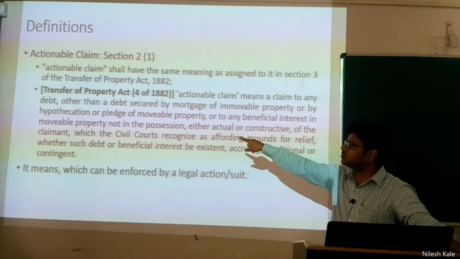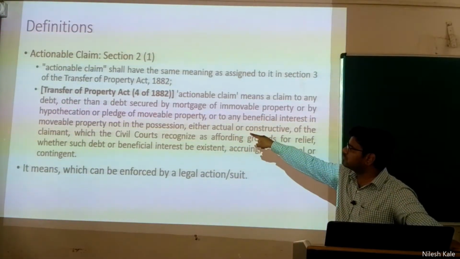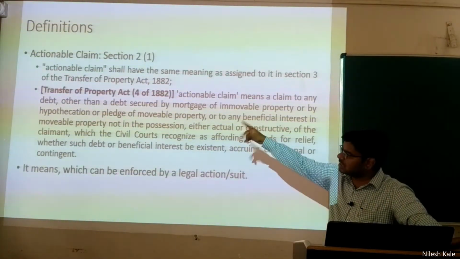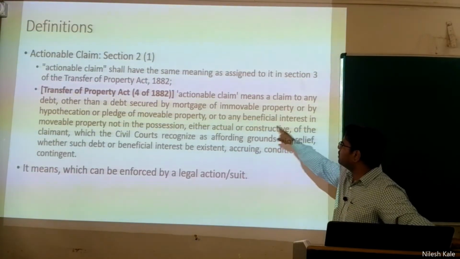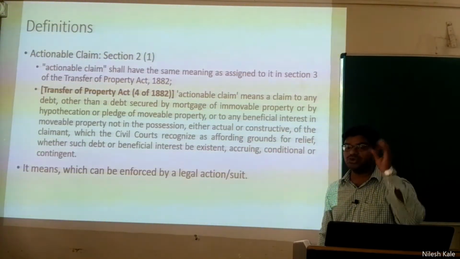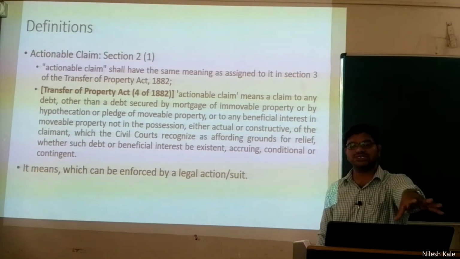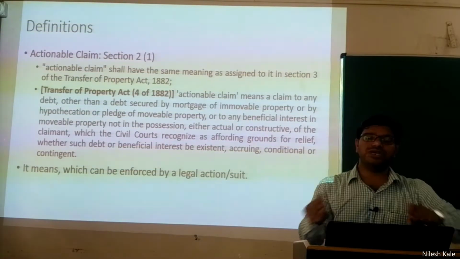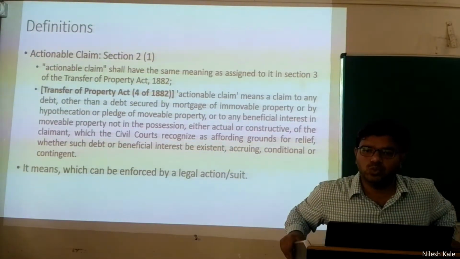If it is a hypothecation or pledge on the movable property, it is not an actionable claim, because they say other than these many things, or to any beneficial interest in the movable property not in the possession. You don't have that movable property in your possession, but you have the claim over it, you have the debt over it. Can you take action on it? The answer is no.